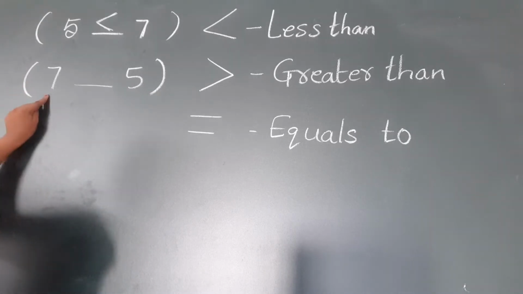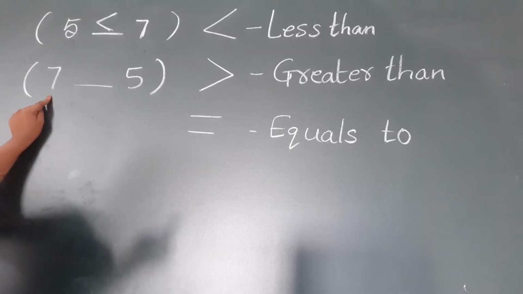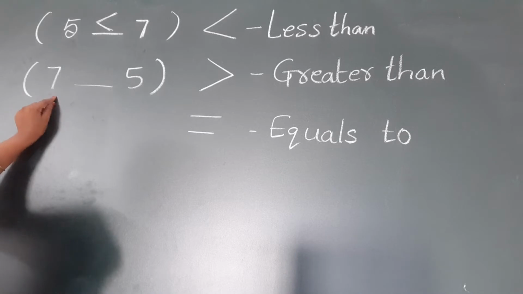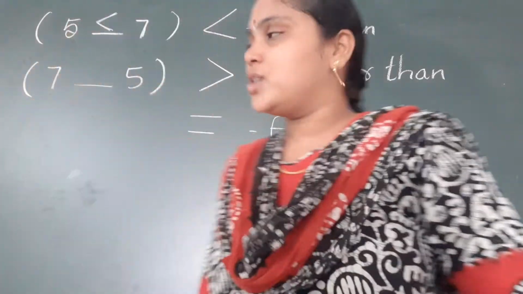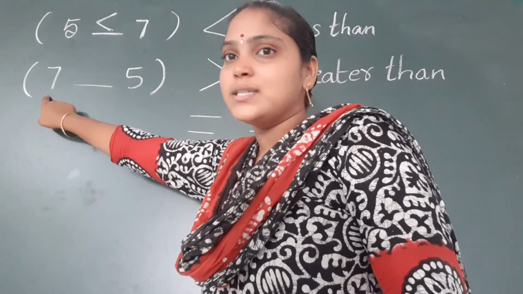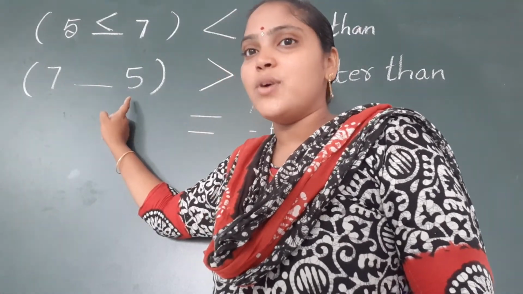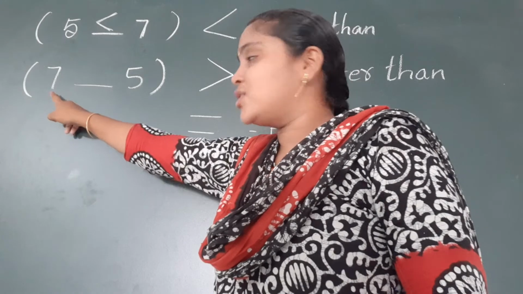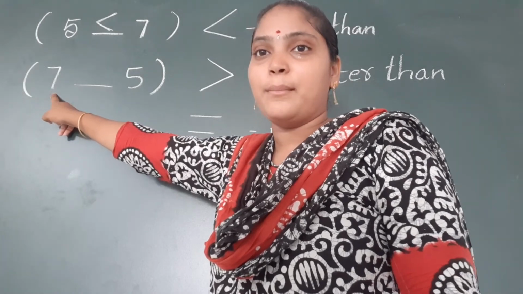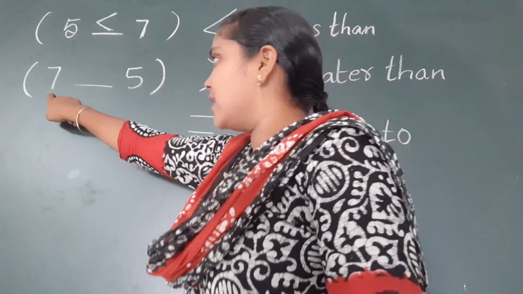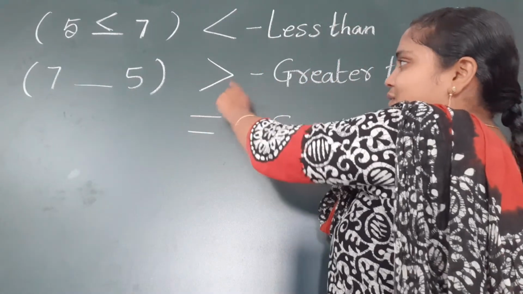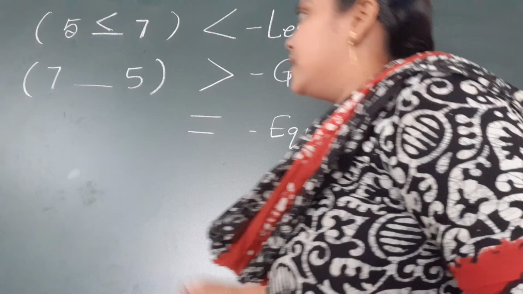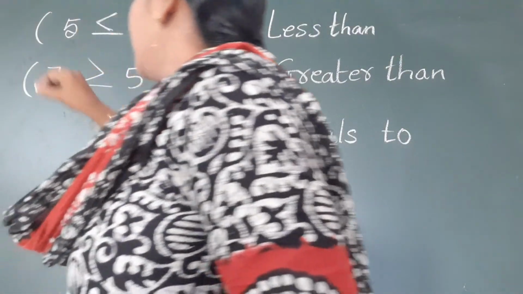Now we have to check, children, whether 7 is bigger than 5 or smaller than 5. Yes children, 7 is the bigger number. Very good. For bigger numbers what do we have to place? Greater than. Yes, here we have to write greater than.